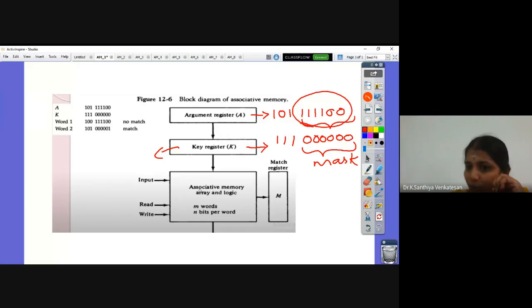So the purpose of the key register is to mask the remaining bits of the word. So we compare only the first three bits. Why do we compare only the first three bits? Give me the answer for that.